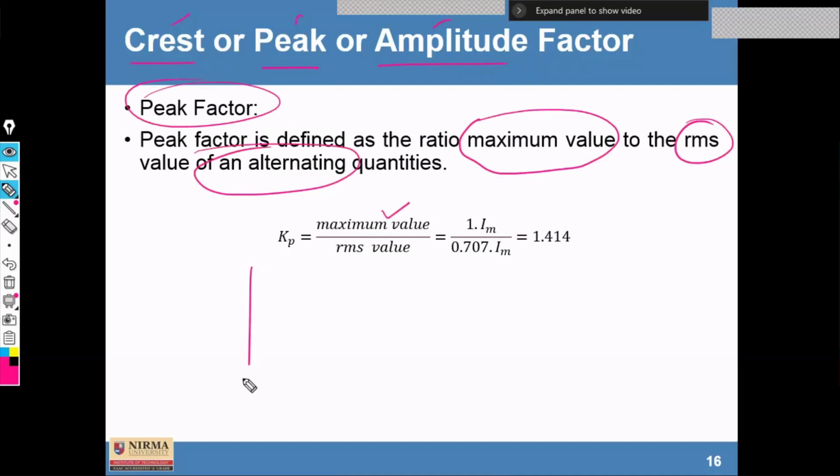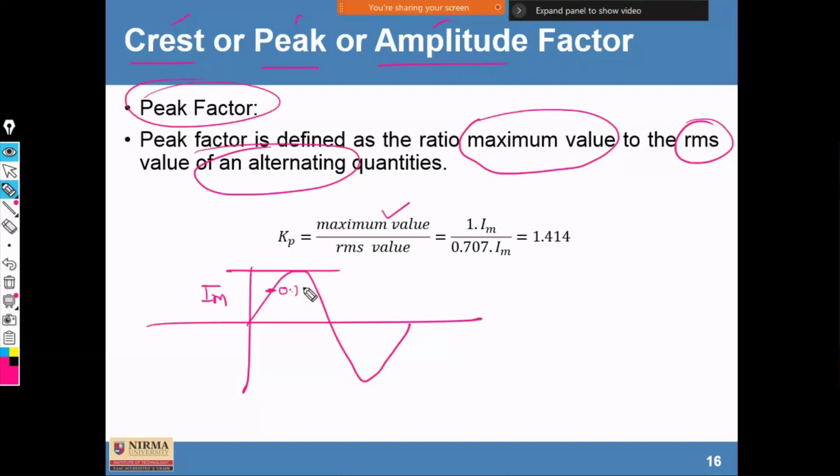So if we draw the graph, this is the maximum value IM, and 0.707, where we can find IRMS. Fine.